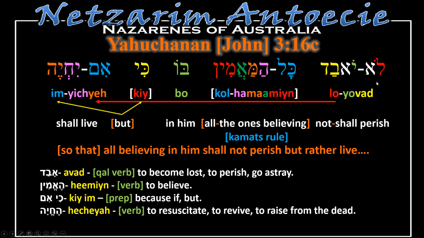Now we begin. Lo, meaning not. Yovad, we had that before, shall perish, not shall perish. Kol, again, it's not kol, but using the kamatz rule, it's kol, meaning all. Ha ma'amin, meaning the ones believing, because it's like a participle form with a mem.